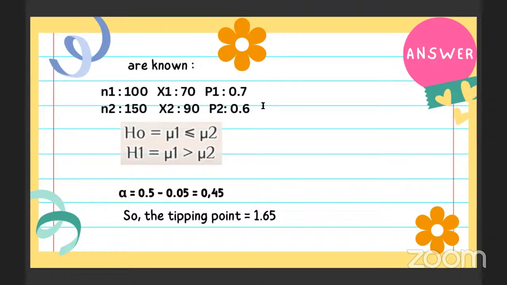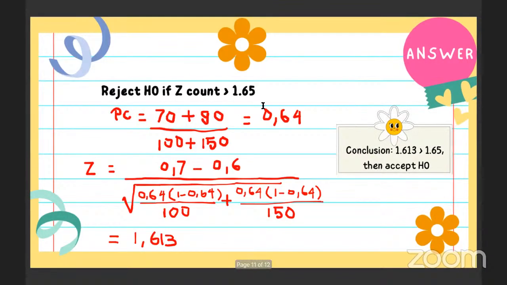The area is 0.5 minus 0.05, which is 0.45. So the critical point is 1.65. Reject H0 if Z count is more than 1.65.